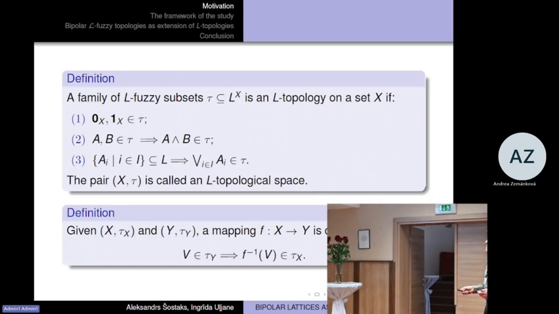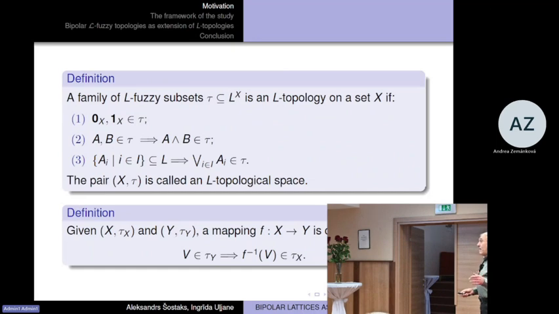Here it must certainly be tau, not L. For L-topological spaces, a mapping is continuous if the preimage of every open set in the second space is open in the first space.